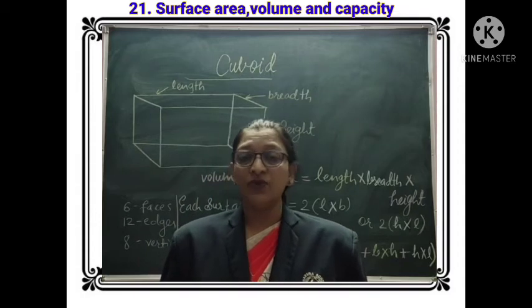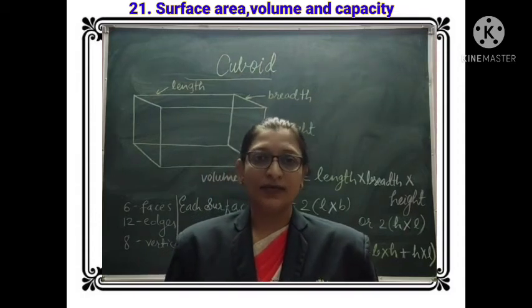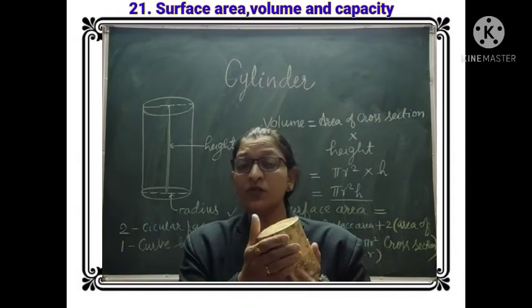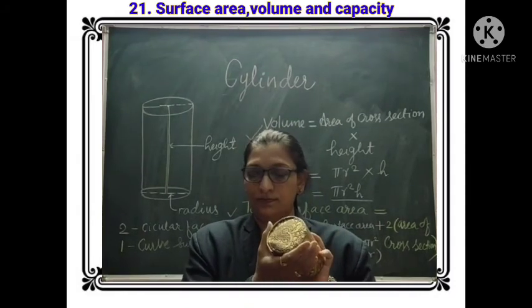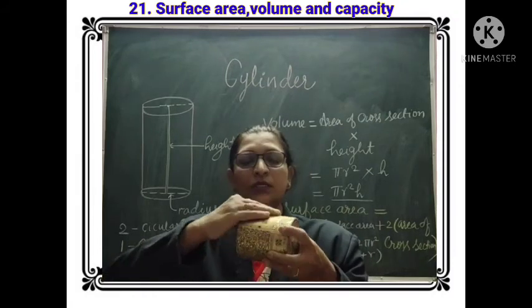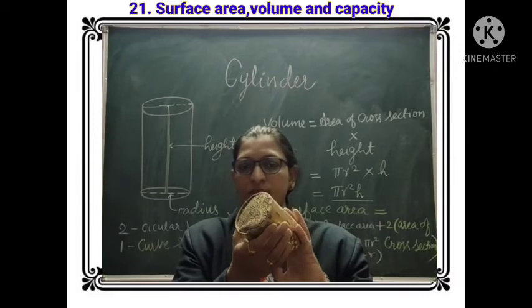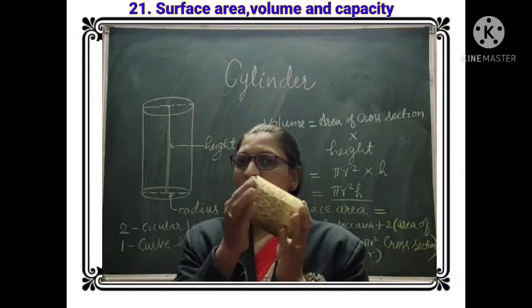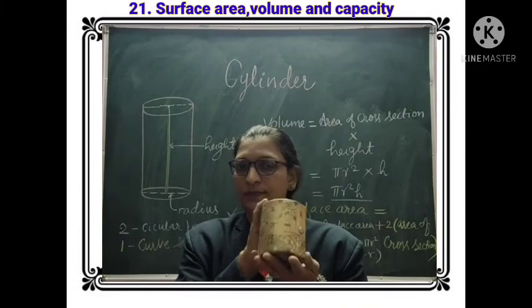Here we go with the next solid, that is cylinder. A solid cylinder has a uniform circular cross section. It is made of a curved surface and the 2 circular top as well as bottom surfaces.